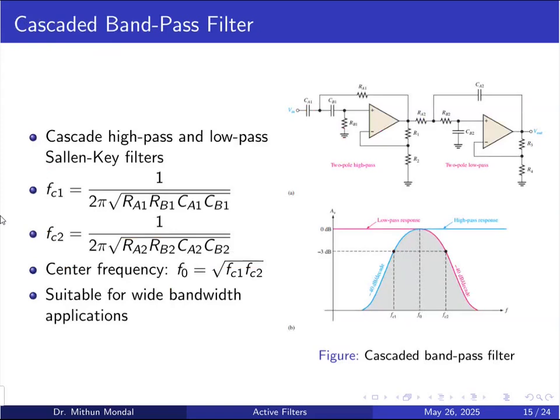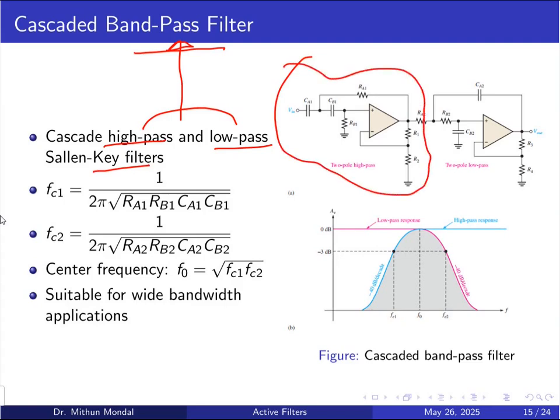So if you need to cascade for the band pass filter, so you can have a higher order circuit, whether we can have two second order or a third order network, then we can cascade the high pass and the low pass. So when we cascade high pass and low pass, we are basically getting the band pass, and this is a Sallen-Key filter. So here you can see that we are basically connecting one Sallen-Key, another Sallen-Key.